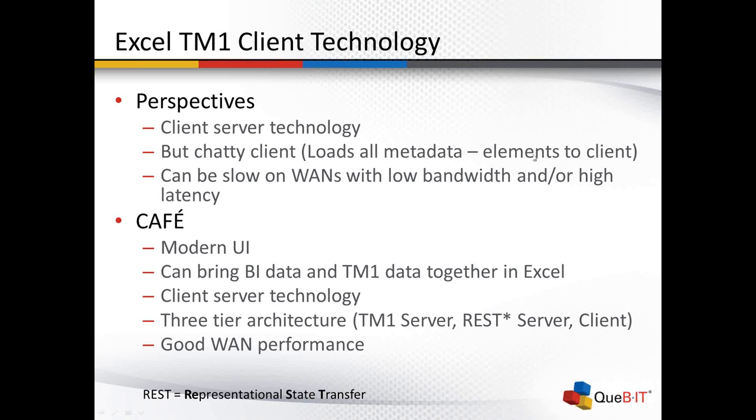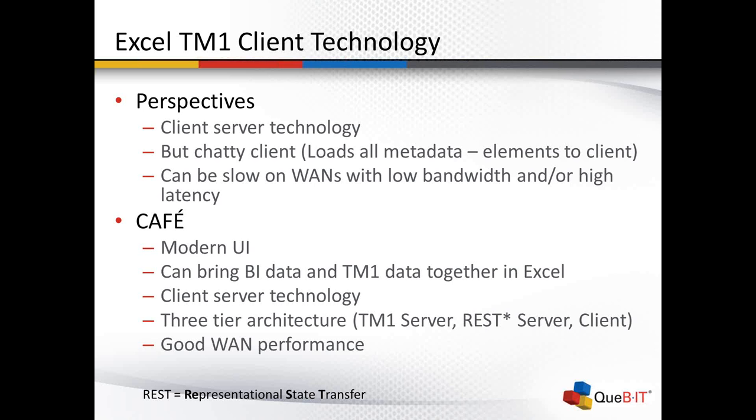So if you've got a LAN with relatively low bandwidth or high latency, you tend to get poorer performance than we would like with Perspectives, and the solution is typically to use something like Citrix to ameliorate that. With Cafe, however, the first thing I have to say is it's got a very modern UI.